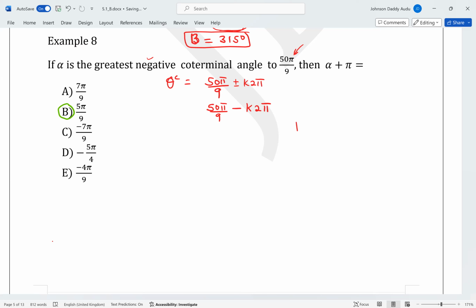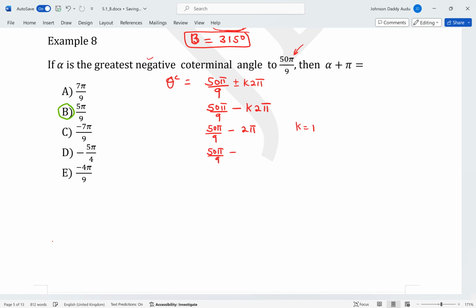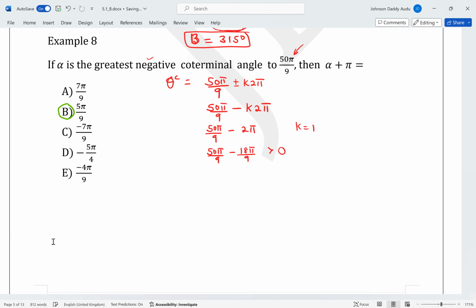So, for example, we take k to be 1. If we take k to be 1, we'll have 50 pi over 9 minus 2 pi, which we can write as 50 pi over 9 minus 18 pi over 9, right? And you see this is going to be greater than 0, right? So we have to try k equals 2.